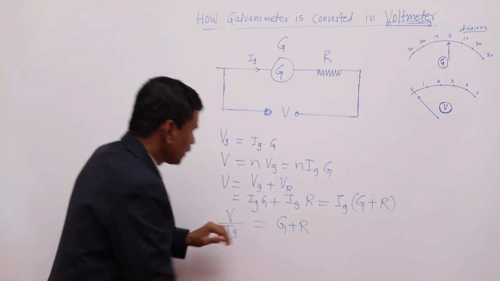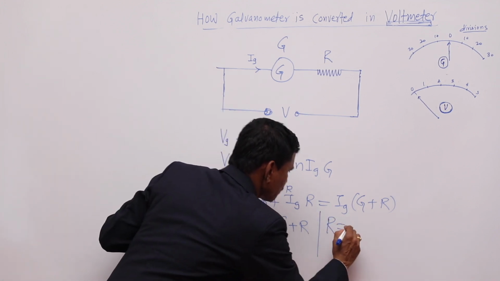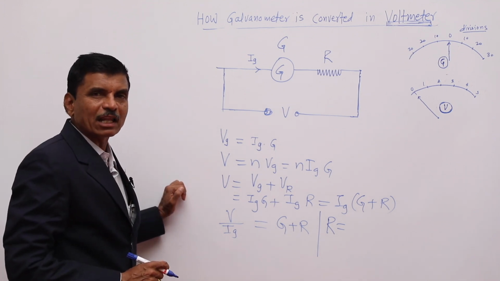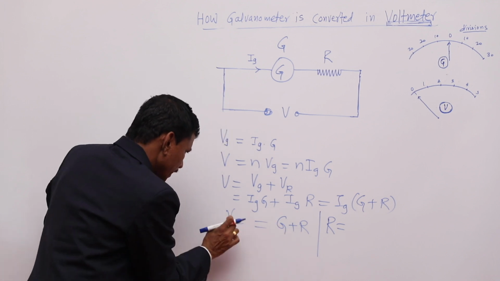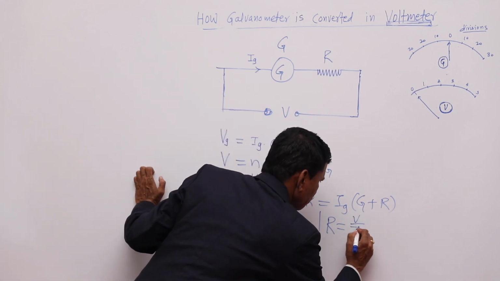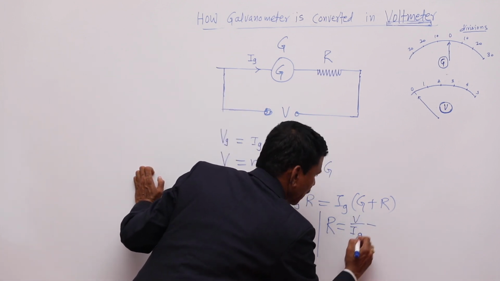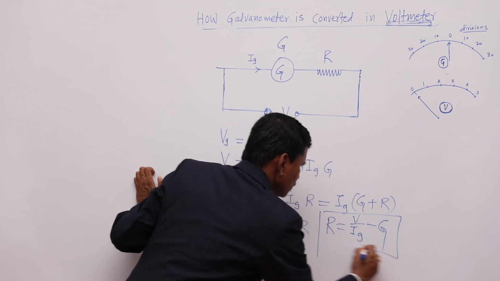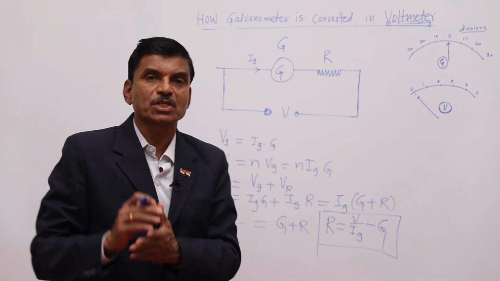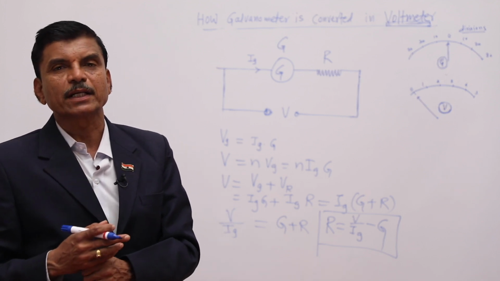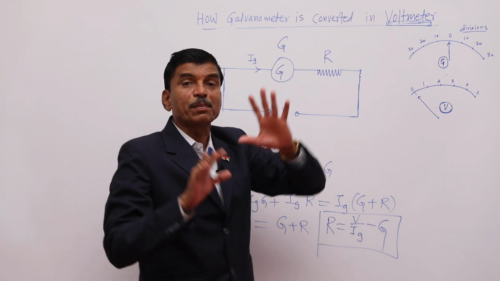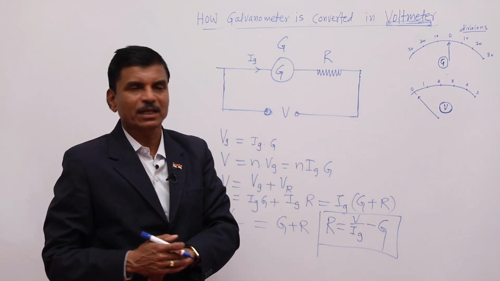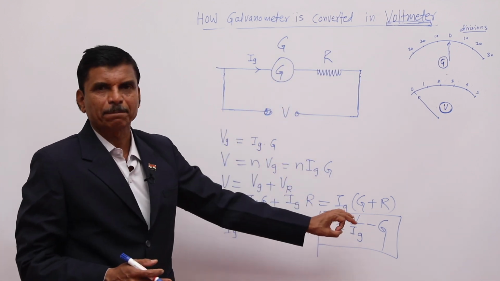And now what is the required resistance that should be connected in series with the galvanometer so as to create the voltmeter? Take this G to the left side. So R equals V upon Ig minus G. So this is our required series resistance that should be connected in series with the galvanometer so as to create a voltmeter of the required range. Okay. So this is a single formula.